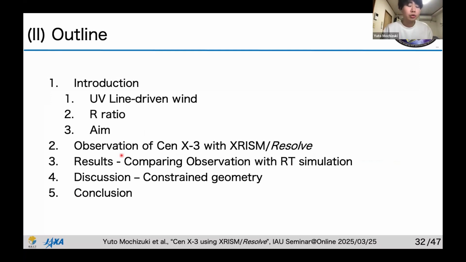Okay, this is the outline for this topic. First, I will introduce the UV line-driven wind and our ratio and the aim of this study.